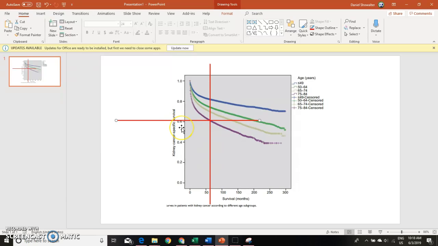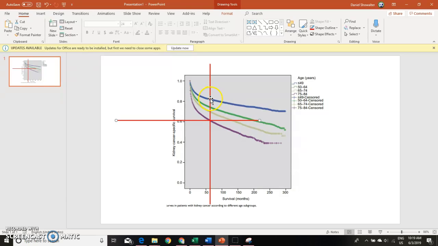In terms of from the point of diagnosis to the point of death from kidney cancer, we have about 62% of these people in the 75 to 84-year-old age group would have survived kidney cancer for 5 years. And we can do this anywhere on the graph.